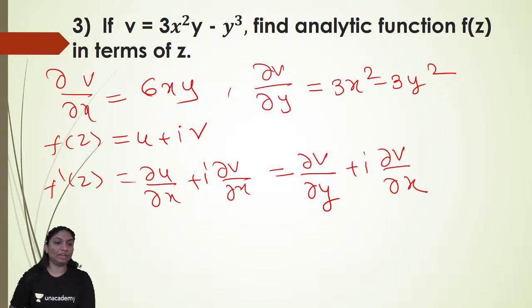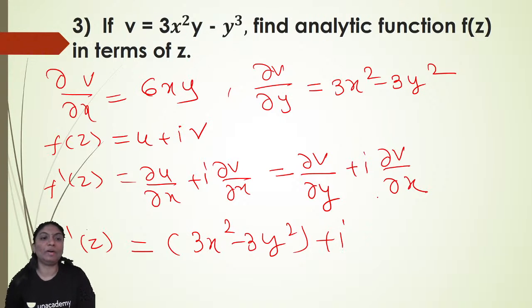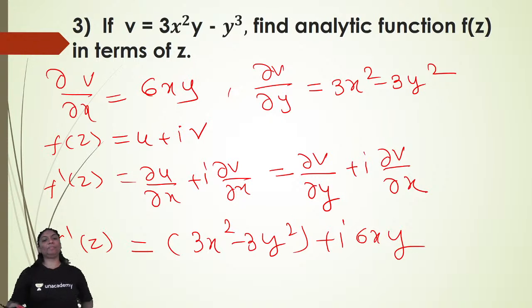So your f dash of z becomes ∂v/∂y, that is 3x square minus 3y square, plus i into ∂v/∂x, that is 6xy. Right, so this is your equation. Now this is your f dash of z. We require a function f of z in terms of z, so we can calculate f of z by the Milne-Thomson method.